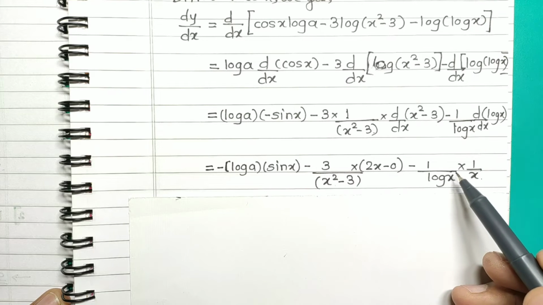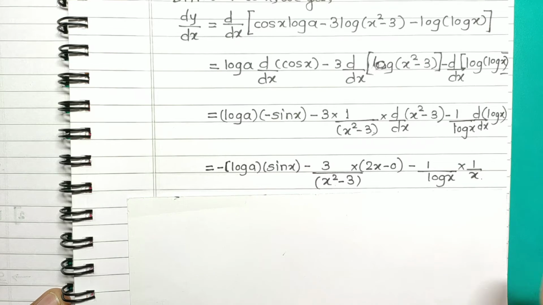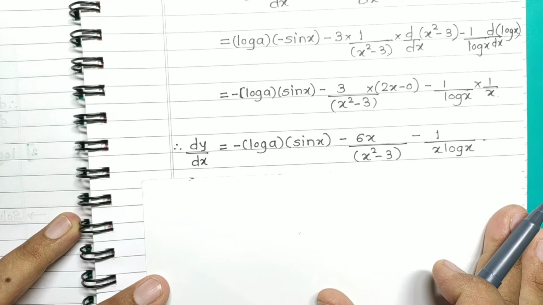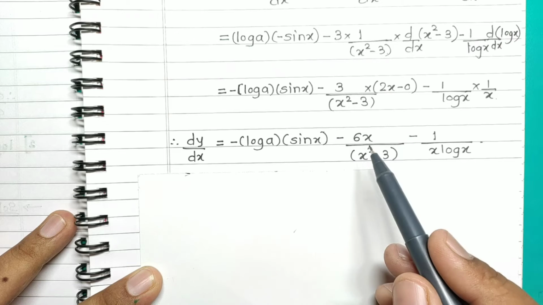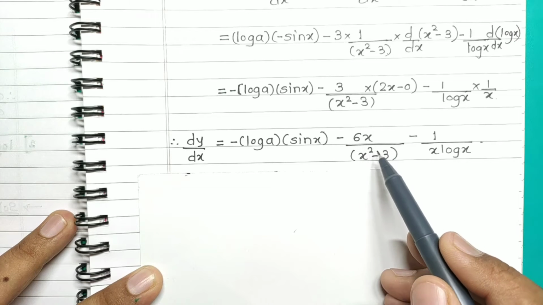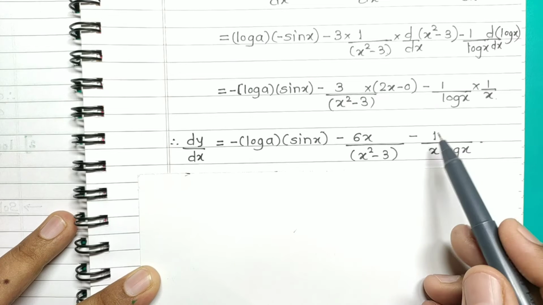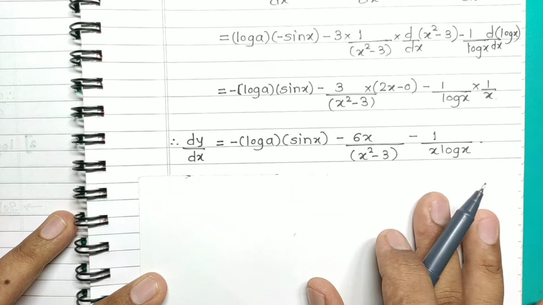Again 1 upon log x as it is into derivative of log x is 1 upon x. So finally we have dy by dx is equal to minus log a sin x minus this 3 into 2x is 6x, minus 6x upon x square minus 3, and it is minus 1 upon x log x. This is the required derivative.